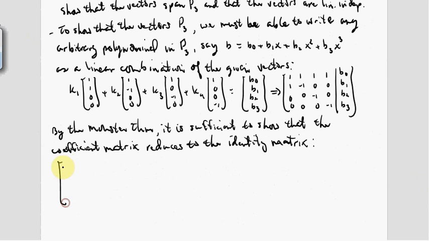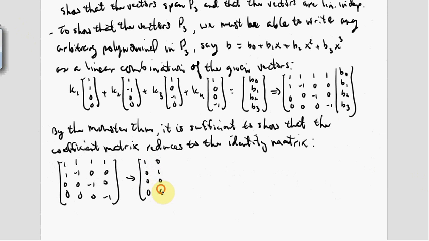Well, if you take that coefficient matrix and try to reduce it on your graphing calculator, you get it. Okay. So thus, by the Monster theorem, these vectors span P3.